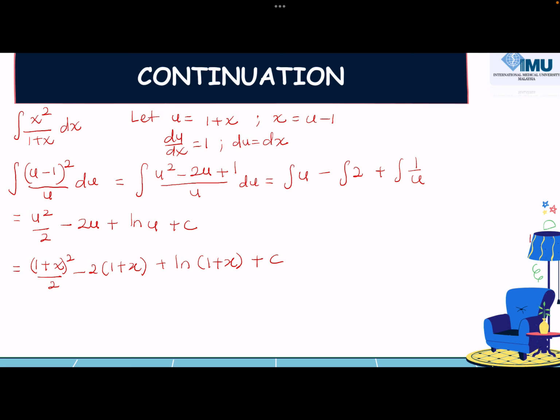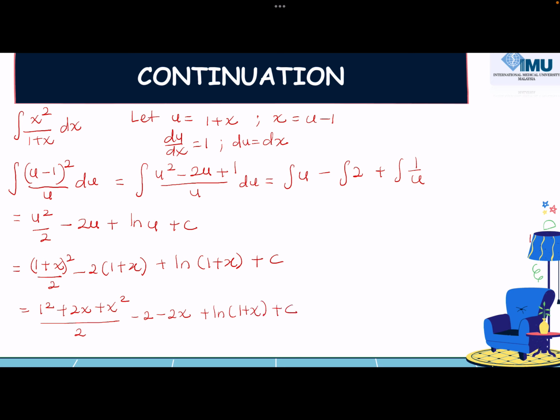Now, I notice that I can simplify further. Let's expand this bracket. You got 1 squared plus 2x plus x squared, divided by 2. In the case of here, expand the bracket as well. You got minus 2 minus 2x, and the remaining is already simplified.